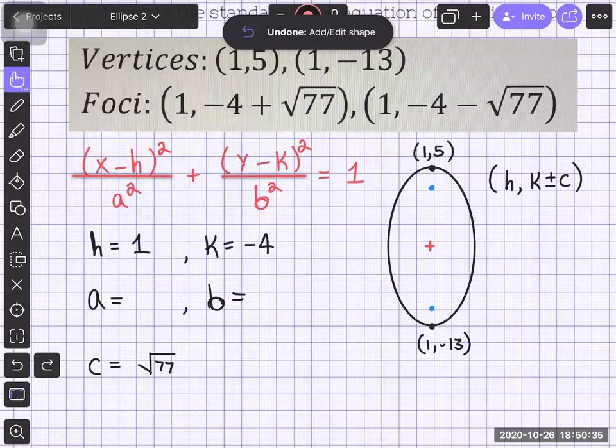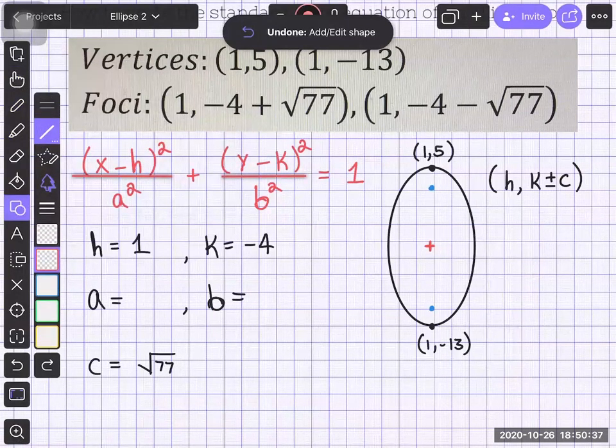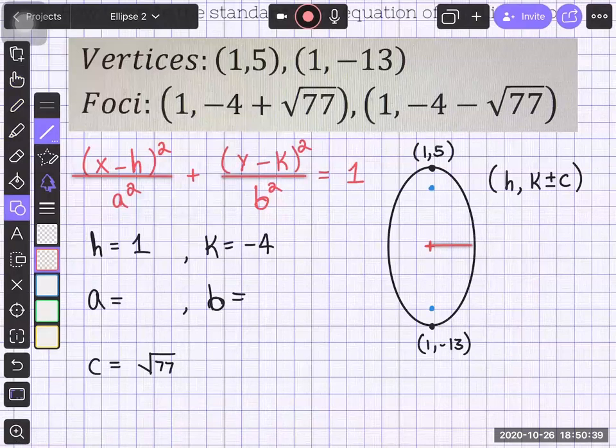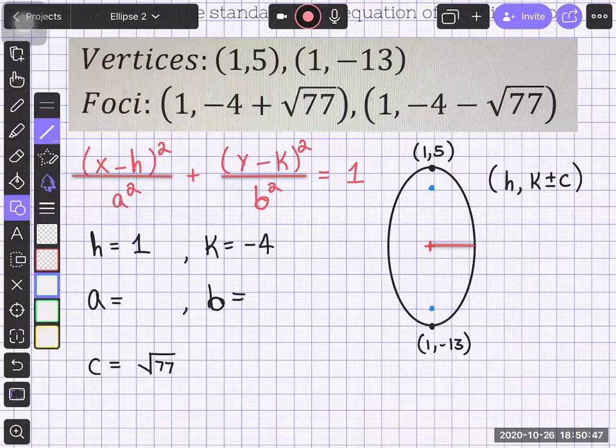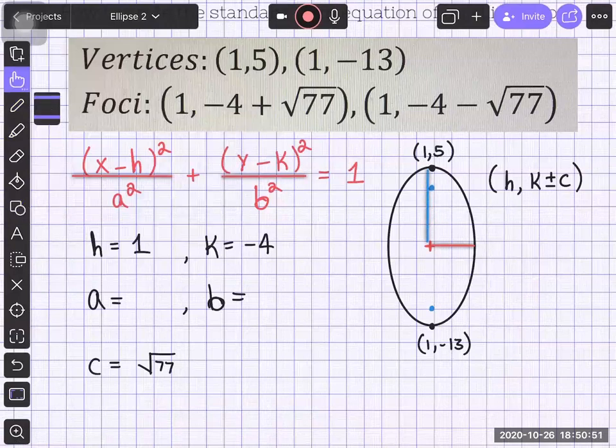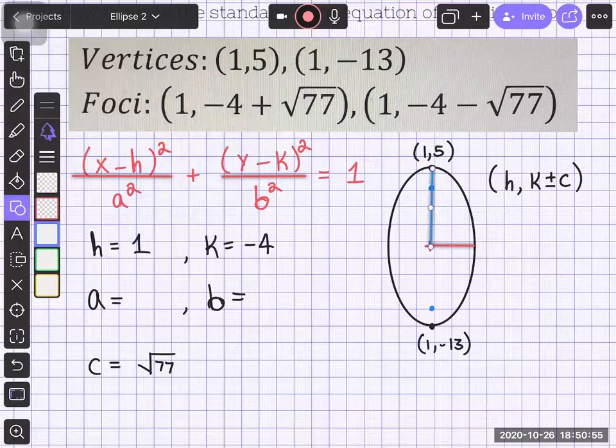We know that a will be the horizontal distance from the center to the co-vertex, and b will be the vertical distance from the center to the vertex.